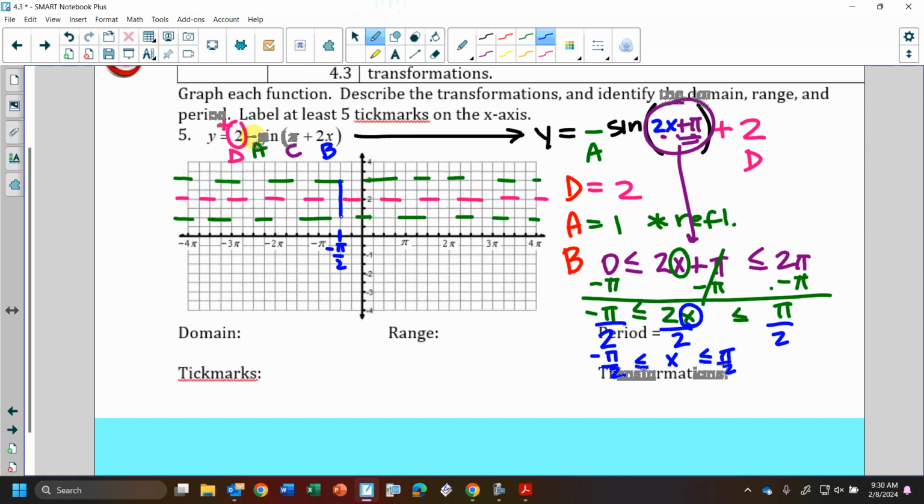And I'm going to end my sine graph at positive pi over 2. Take a moment with your partner to find the 3 tick marks in the middle there. Good, finish up the details for me.